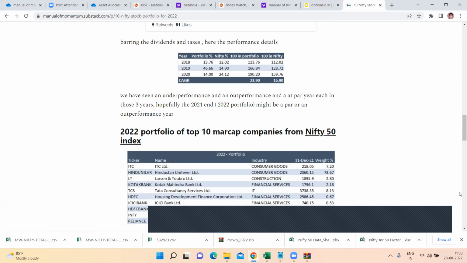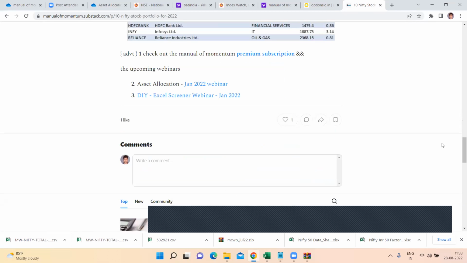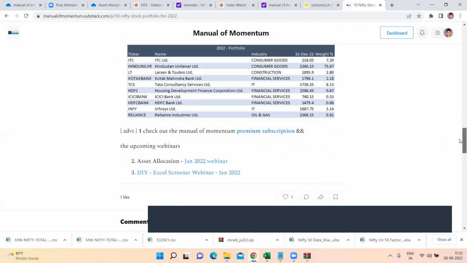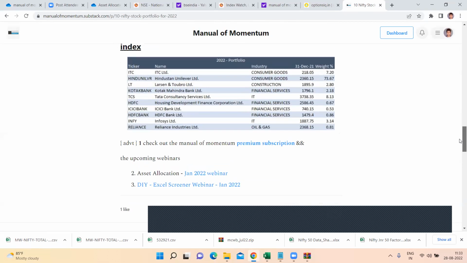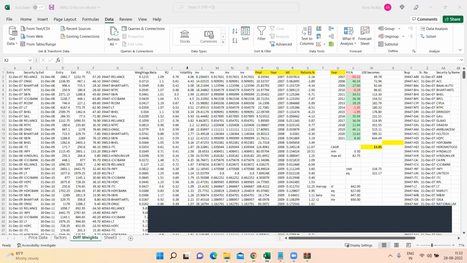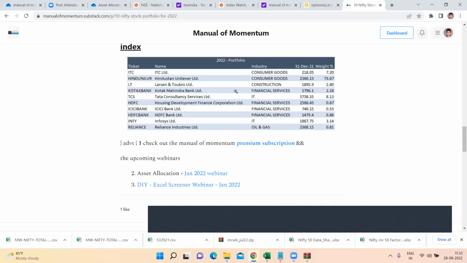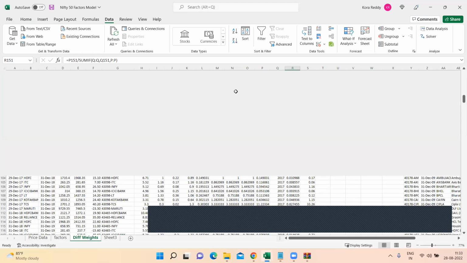The weights for this are... I would have hidden here because I don't want to reveal this particular stuff, how I am arriving. So this is Hindustan Lever with 73.67% this year.